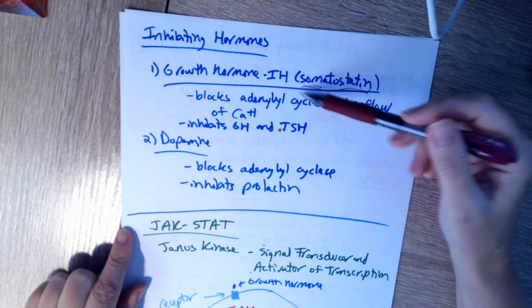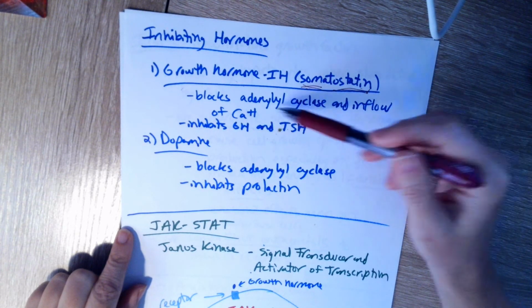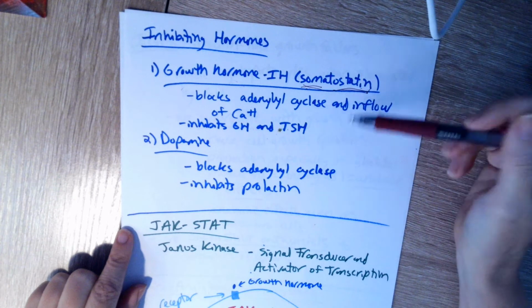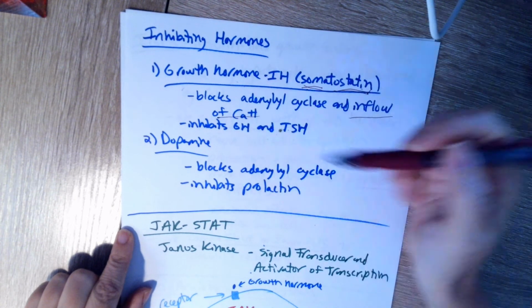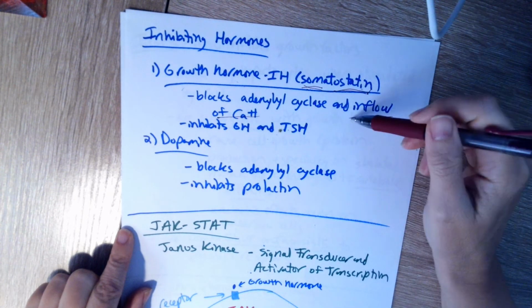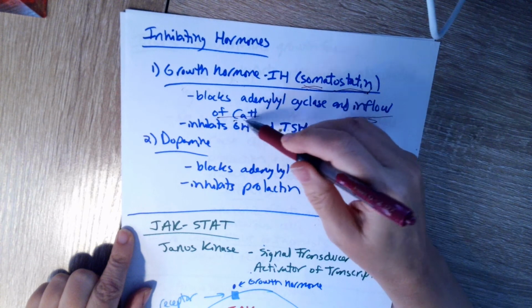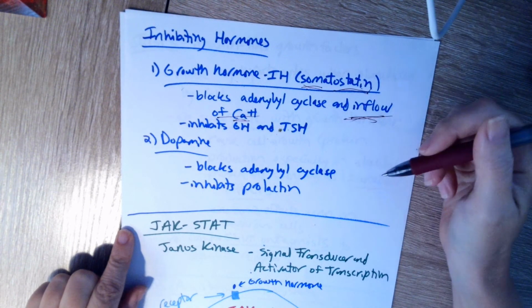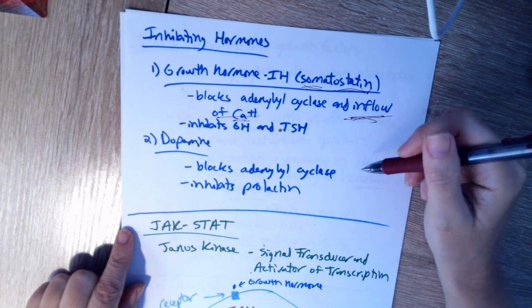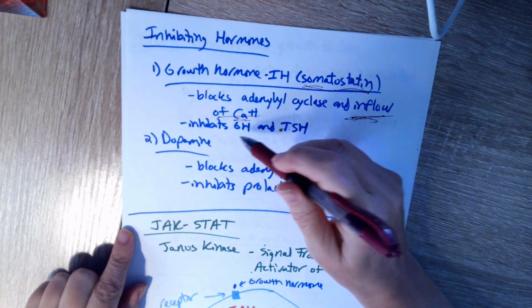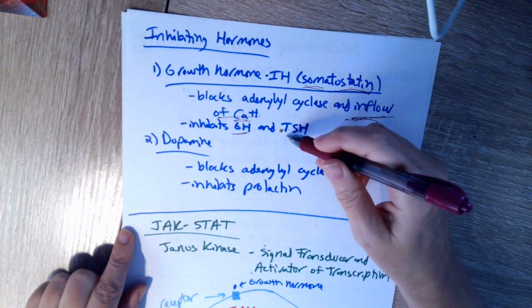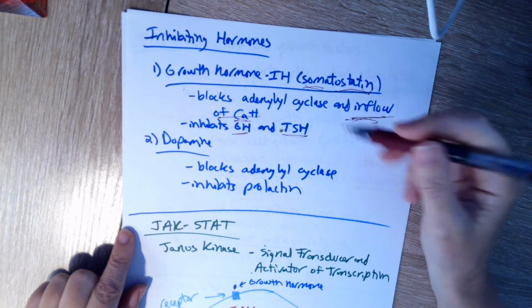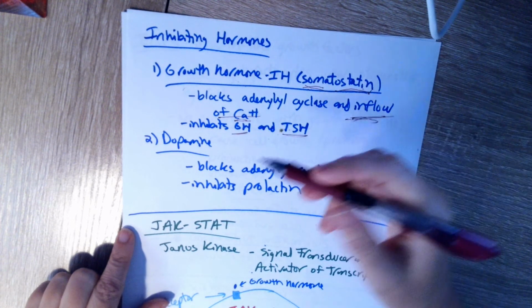So it does block cAMP. If you don't have adenylyl cyclase, you can't make cAMP. But it also blocks the inflow of calcium, which is another way that the cell can use to produce its hormone. So if we block that inflow of calcium, we can't stimulate the cell that way. So it's going to inhibit growth hormone, and it's going to inhibit thyroid stimulating hormone.